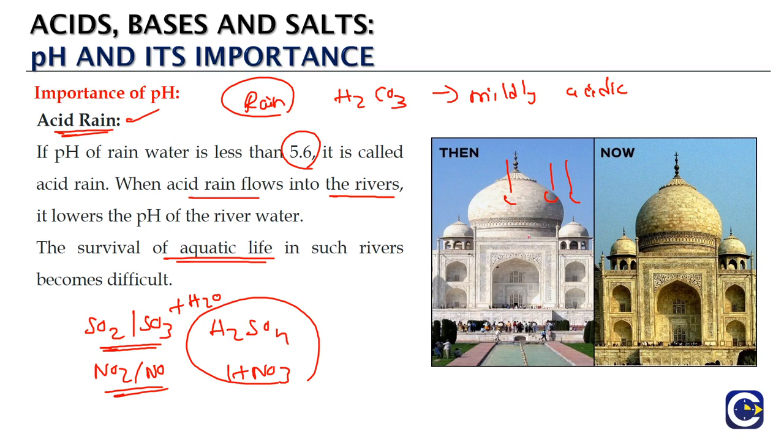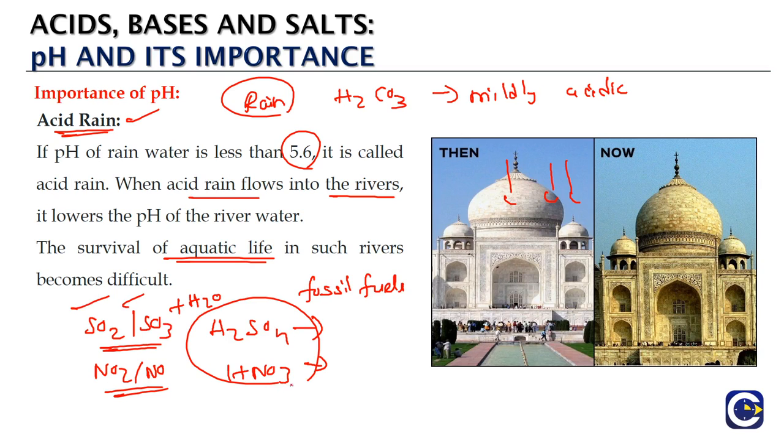So acid rain is basically caused by the presence of sulfuric acid and nitric acid. Mainly the sulfuric acid will come from the burning of fossil fuels. I mean, sulfuric acid will not directly come. What will come is the oxides of sulfur. They will get into the atmosphere and dissolve in the rainwater, thereby forming the acids of sulfur.